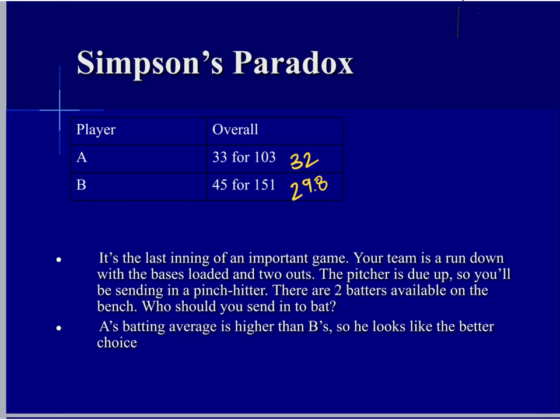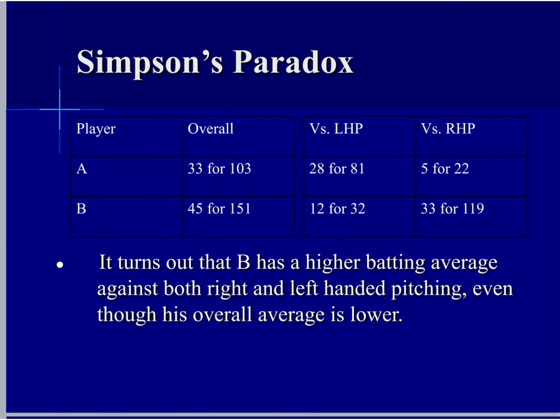And so if we look at the percentages across different pitchers, right- and left-handed, we get different information. So remember, this player A looked better with a 32% batting average. And now let's look at player A against the left-handed pitcher, 28 out of 81.